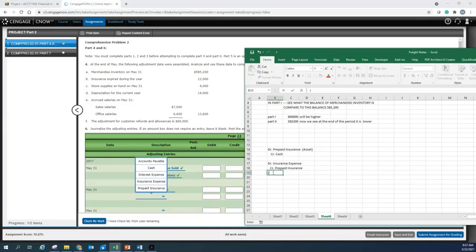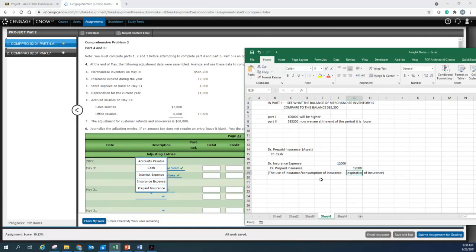Okay, so this is the use of insurance or consumption of insurance. And we know that because it's expiration of insurance. And it tells you exactly 12,000.